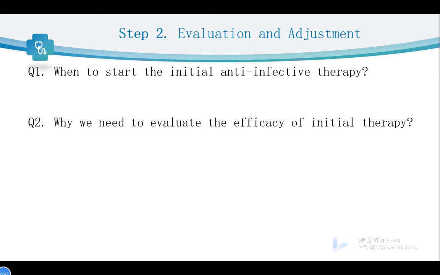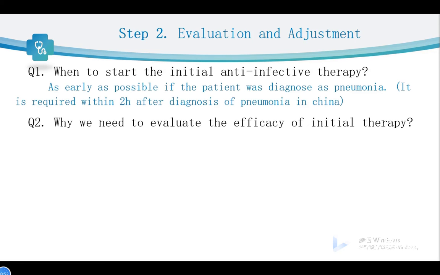Okay, the answer is A. We need to initiate anti-infective therapy as early as possible. Because we know that pneumonia is an infective disease, right?